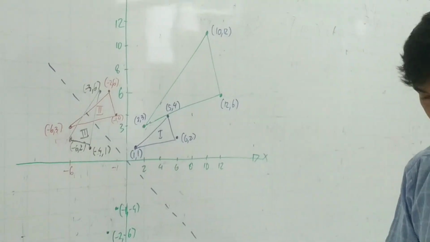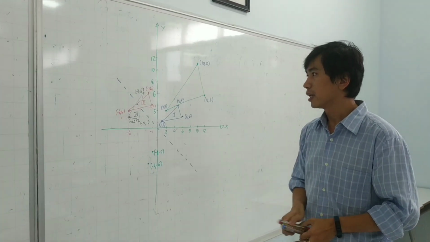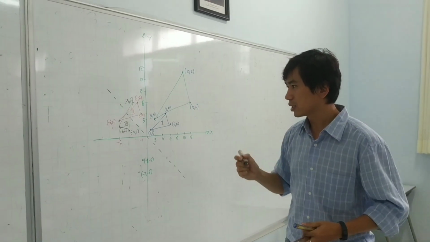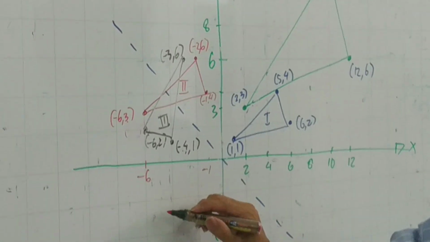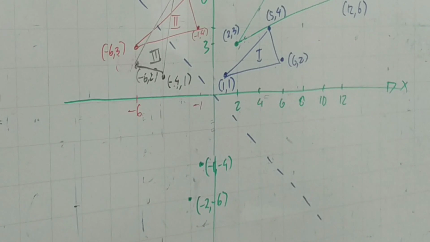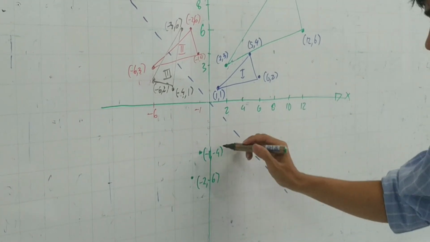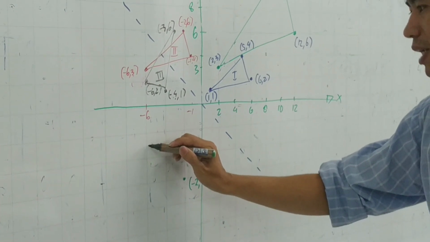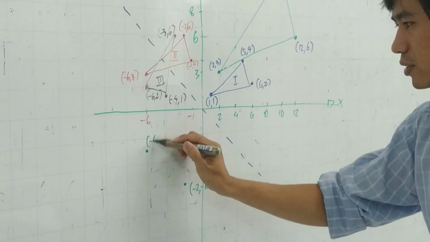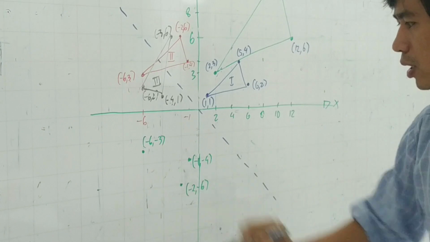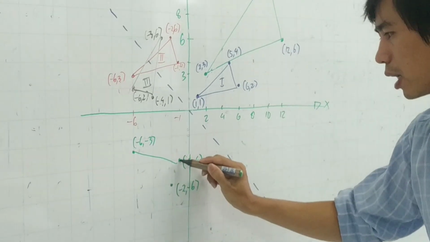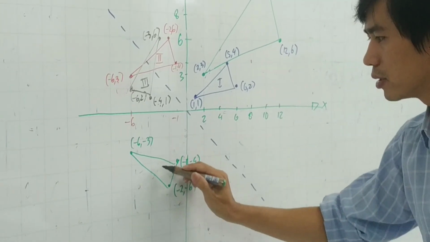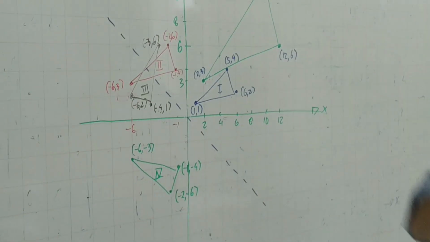Negative 3, 6 will be negative 6, negative 3. Yeah, negative 6, negative 3. So you'll have it like this. This is the fourth, and this is the final.